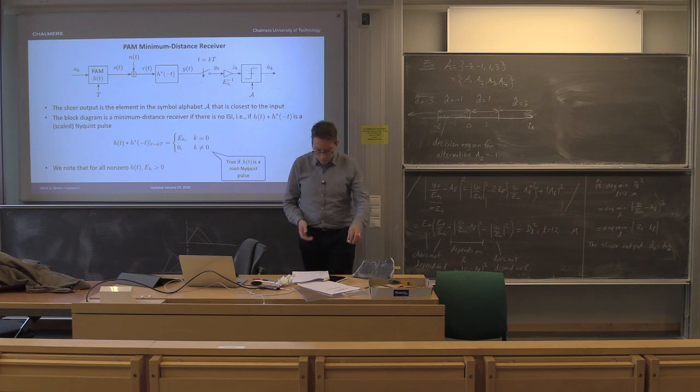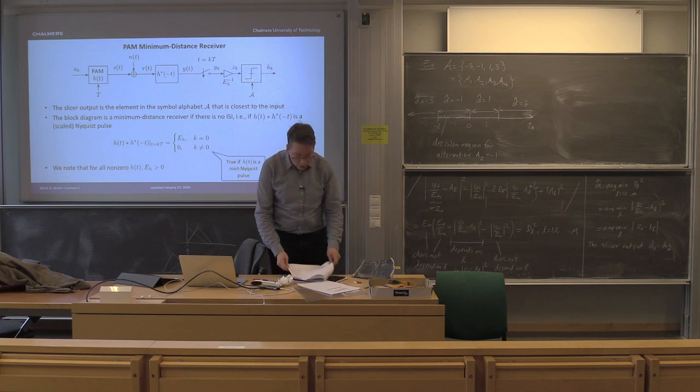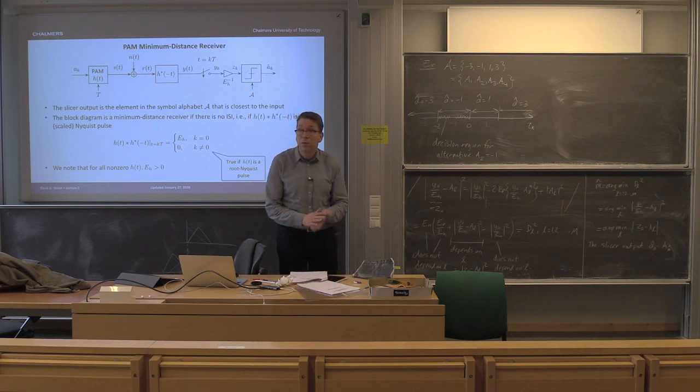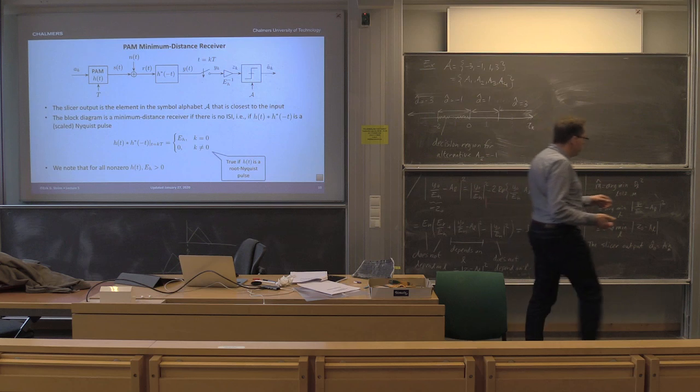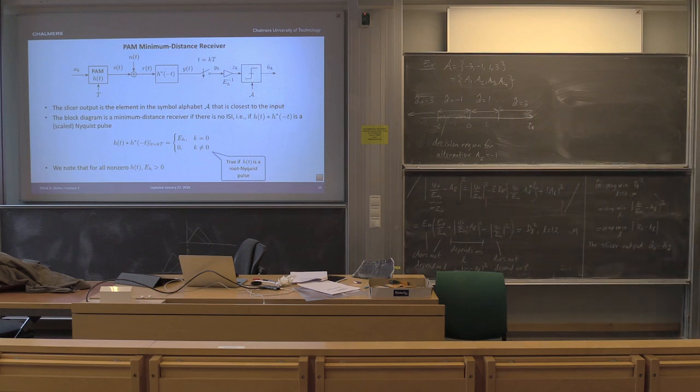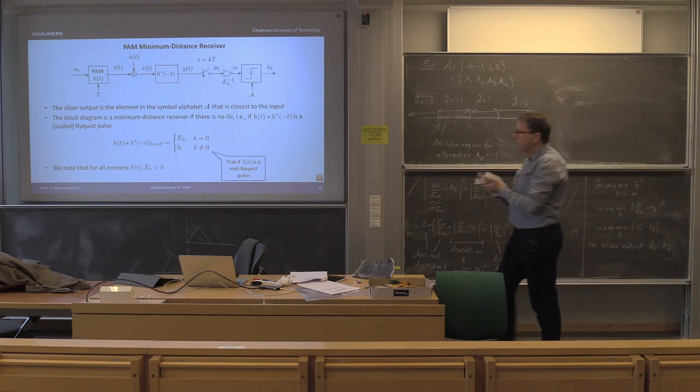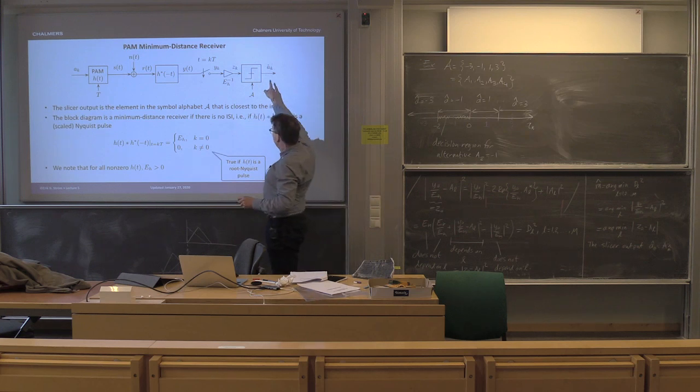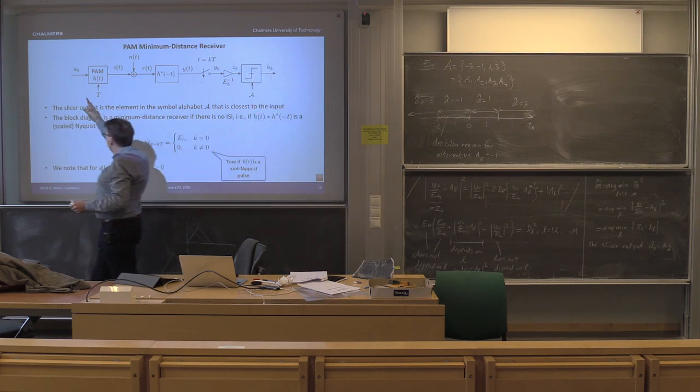Okay. So by doing this, we now have a minimum distance receiver. It was a pretty long derivation. But remember that we started by saying that in the noise-free case, the output A hat k is equal to A k.